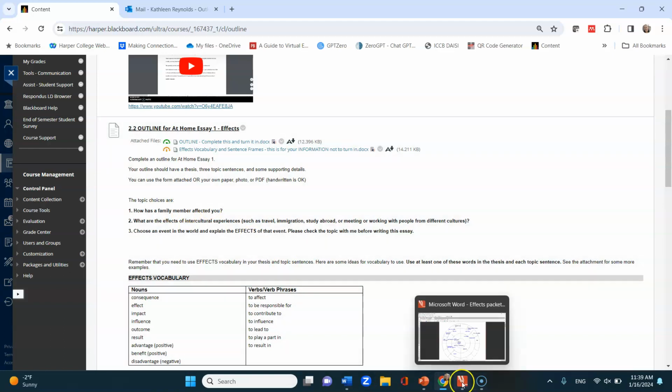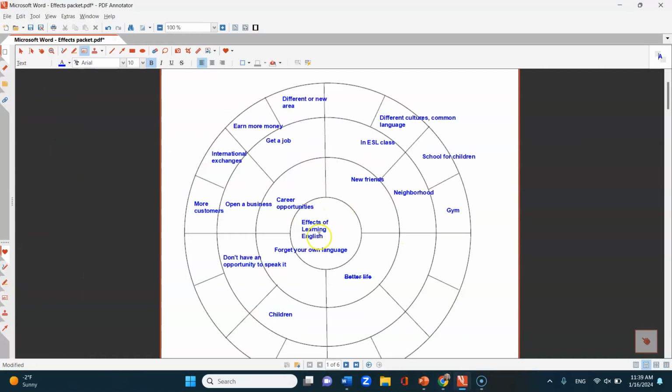So for that example, you would be putting in the middle the effects of my mom, or how my mom affected me, or how my grandpa affected me. Okay, she taught me to cook. She made me honest, or whatever you think it is. Whatever that is, that would be excellent for you to add.